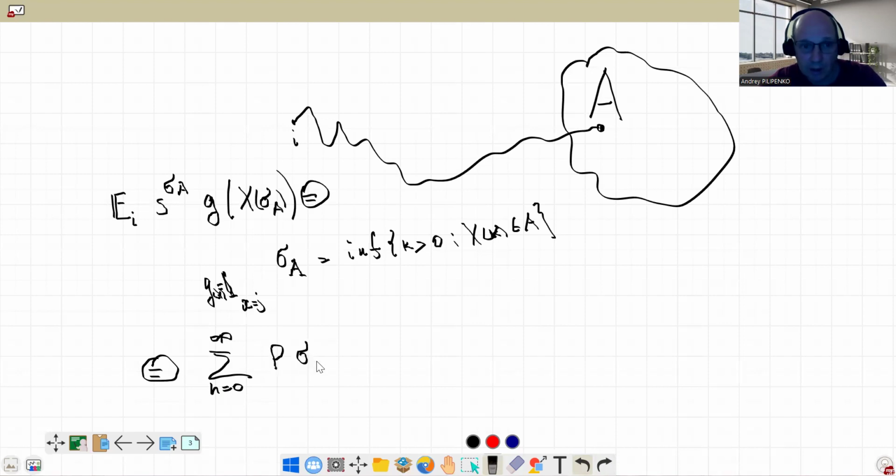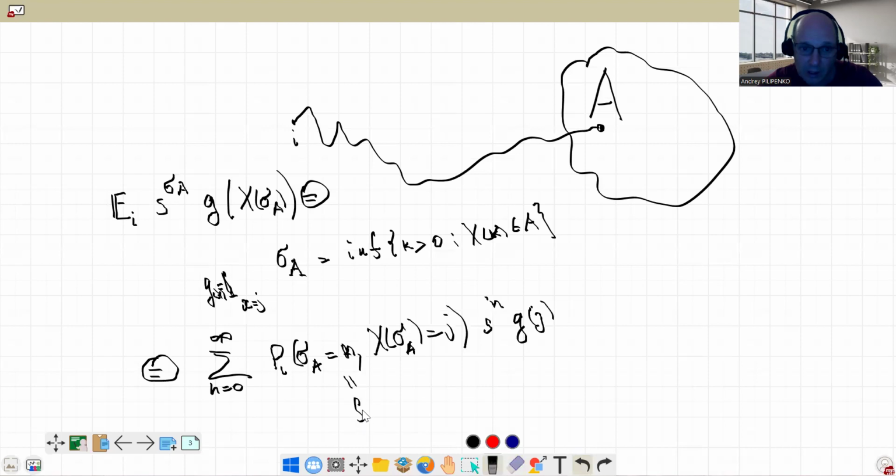Probability that sigma A is n, and X sigma A is J, and s to the power n, G of J. And what is this? This is F I J n, and we have to calculate also the sum over J in A.